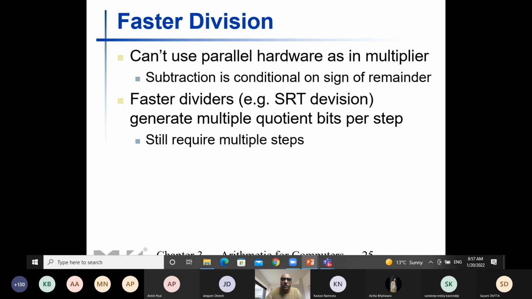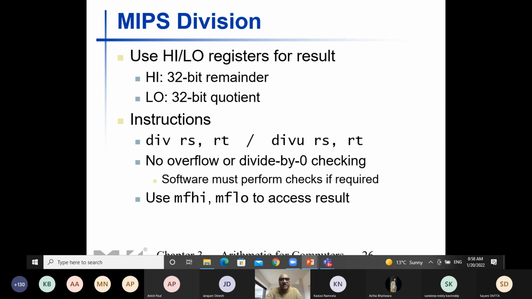At that time, you need to redo the steps to take care of the misprediction. So by using some prediction methodologies, you can enter multiple quotient bits instead of one, and that way the division time can be reduced to some extent. So you are able to perform faster division.